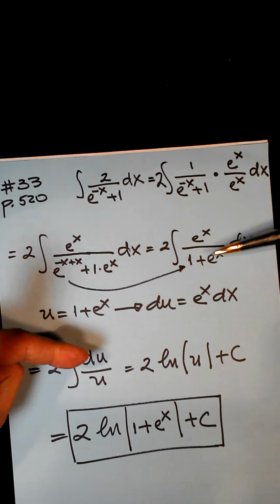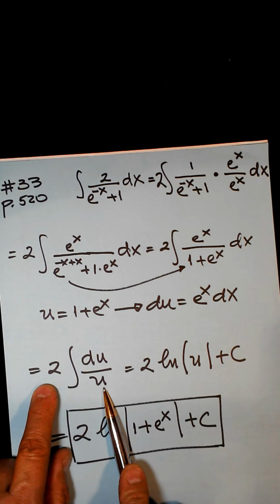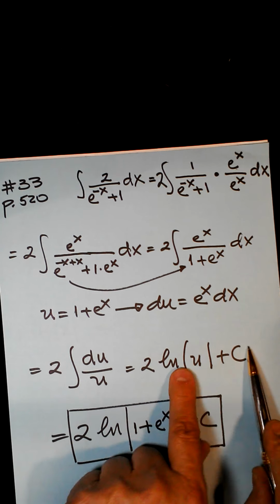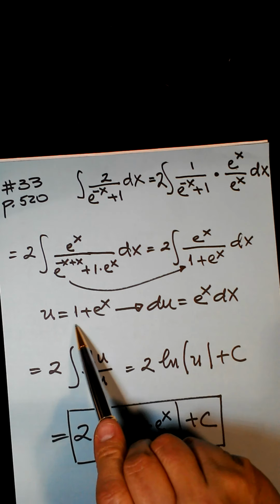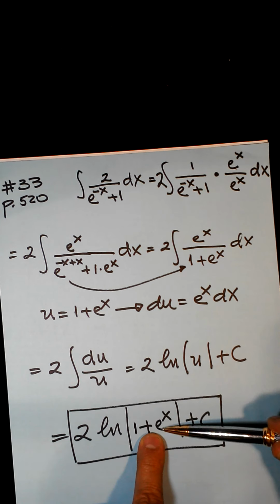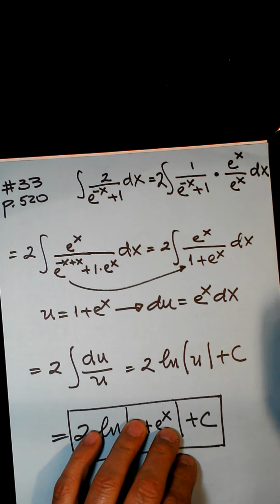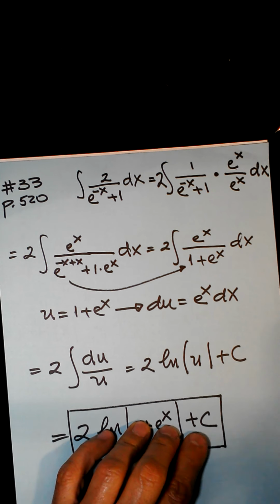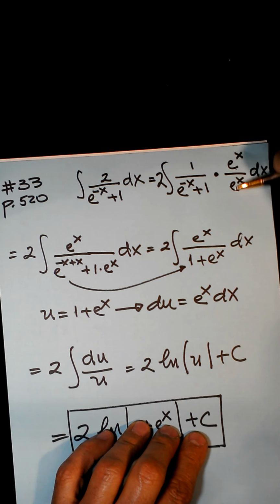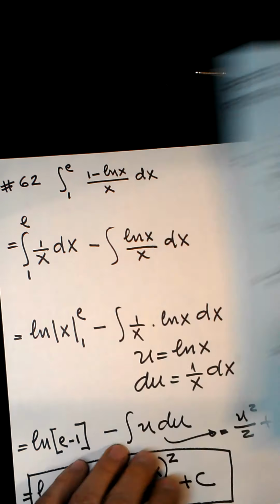So I got a clean one, which is 2 du over u, which is 2 log natural of u plus c, but the u is 1 plus e to the x. So this is a neat conjugate. Some people don't know it because in Algebra 2 they don't show the conjugate of e to the x, because in theory e to the x is part of pre-calculus, not part of algebra.